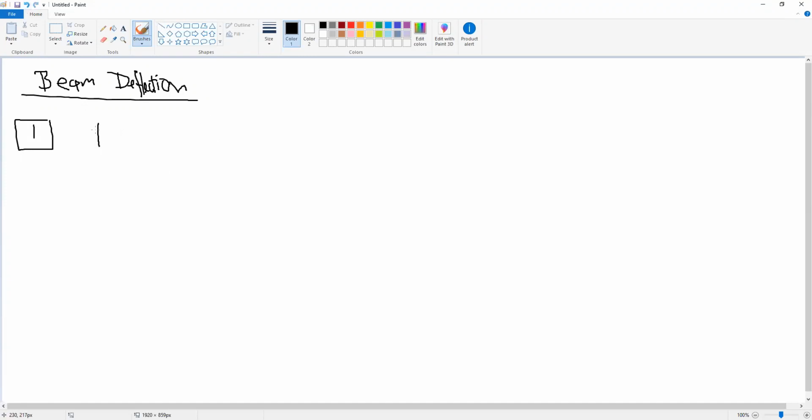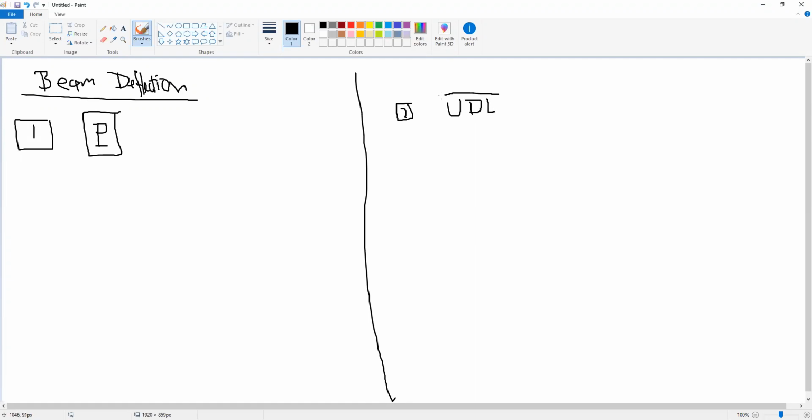So the first case today is the concentrated load P, and the second case we have is uniform distributed load. These two loads will be applied on a simple beam.